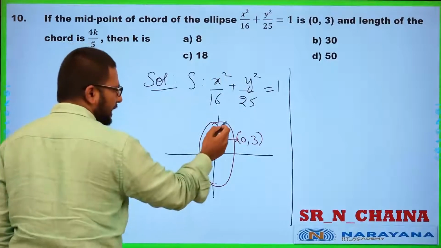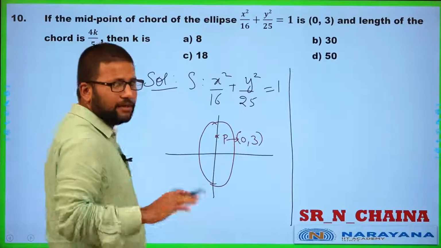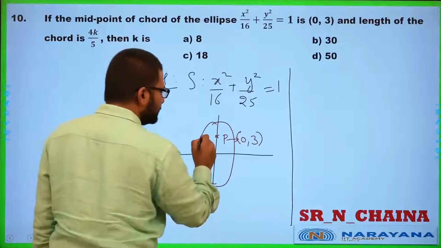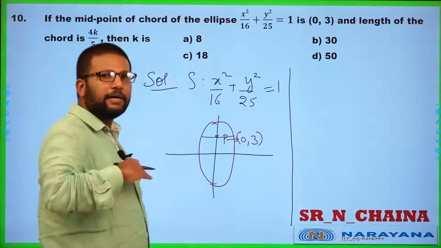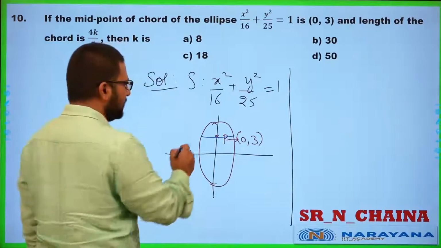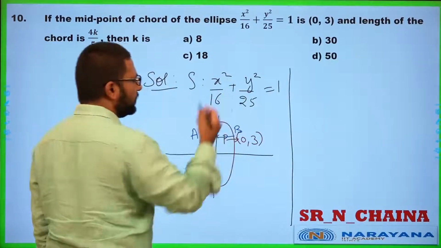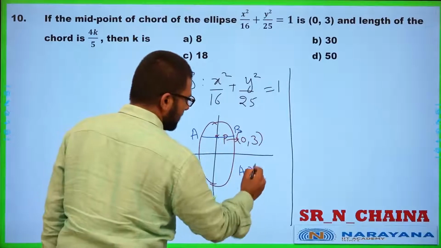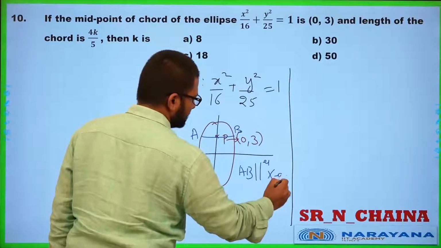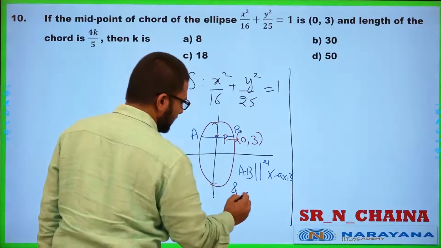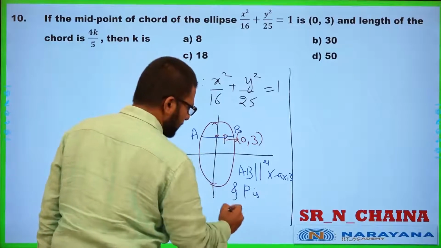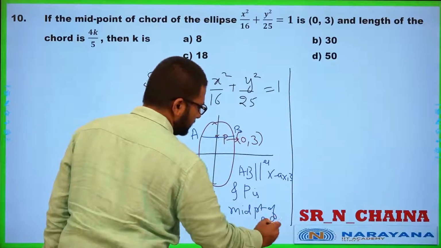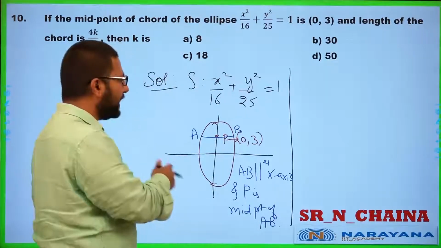Alright, and at P there is a chord whose midpoint is (0, 3). Clearly I cannot draw this chord with any inclination, because if the chord is angled then P will not be the midpoint, right? Which means this chord has to be completely horizontal, parallel to the x axis. Let us call this AB. So chord AB is parallel to the x axis and P is the midpoint of AB. This much we have established from the diagram itself.